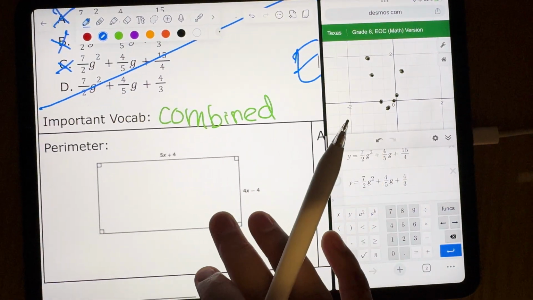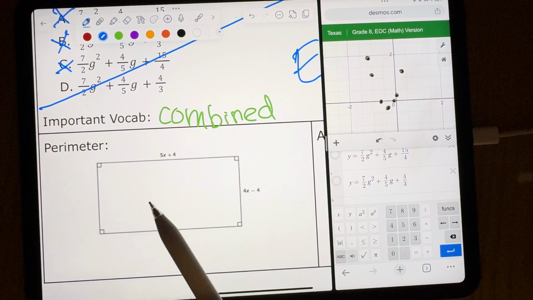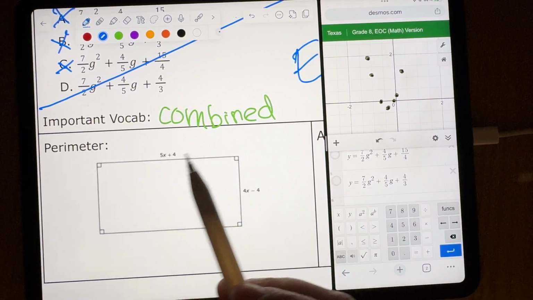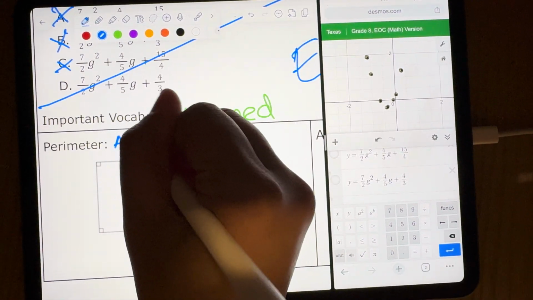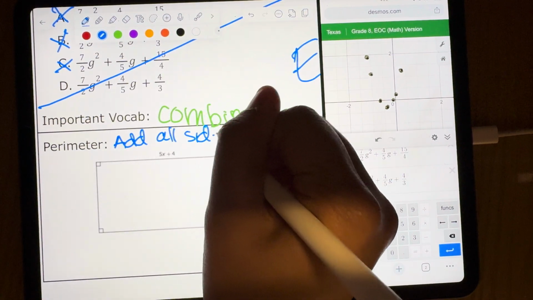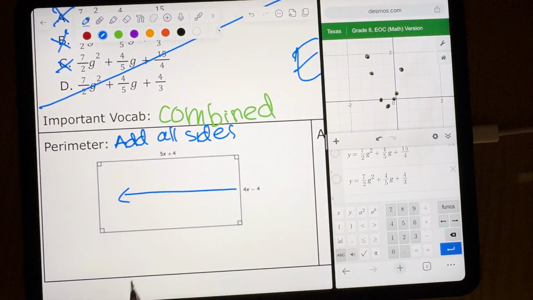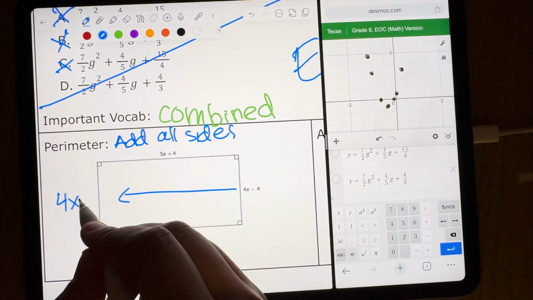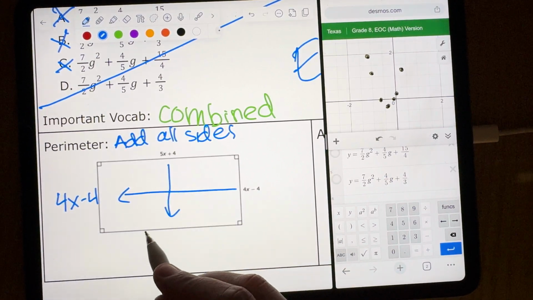So when we talk about perimeter, you're going to add all the sides. So what I mean by that is the 4x minus 4 goes over here as well, and the 5x plus 4 goes over here.